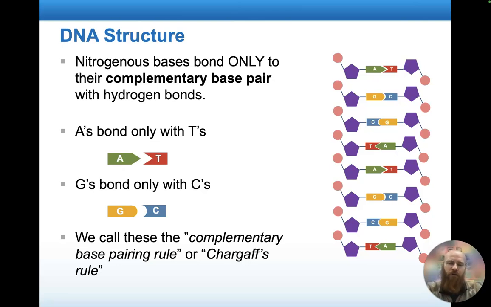And the official term for this, based on the scientist who established that these base pairs are always together, always in the same amounts, was Chargaff. And so we could call it Chargaff's rule, but we're going to just call it the complementary base pairing rule. You can think of the A's and T's complementing each other, or the G's and C's complementing each other, because they always pair together.